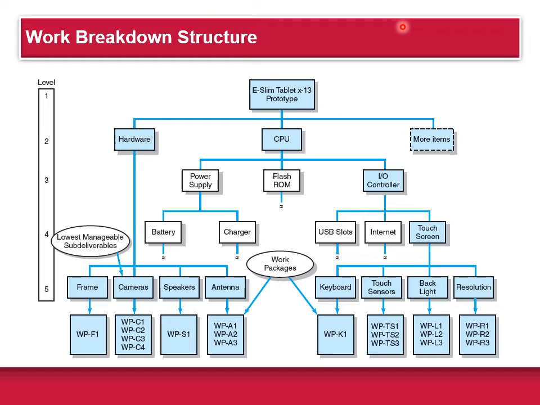At level 3, you can see the CPU is connected to the 3 deliverables: the power supply, the flash ROM, and the input-output controller. At level 4, you can see the power supply is broken up into the battery and the charger, and the input-output controller is broken up into USB slots, internet, and touch screen. Note here that level 2 hardware skips levels 3 and 4 and goes down to level 5.